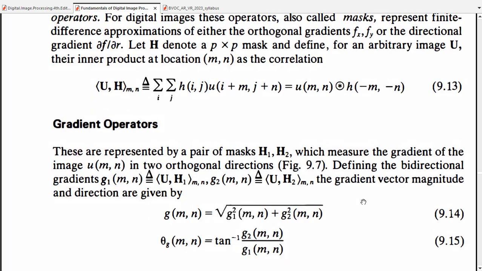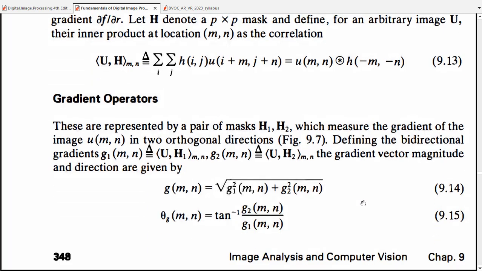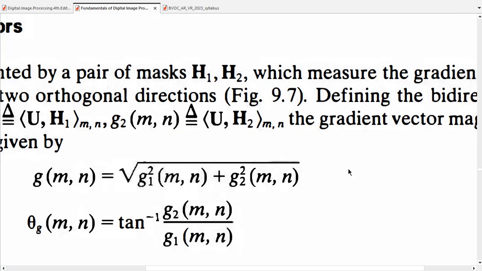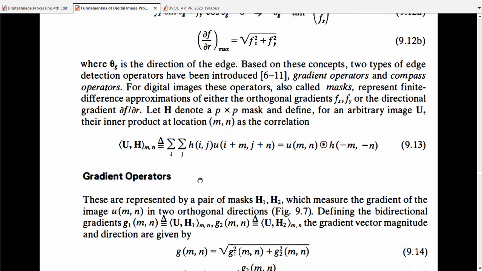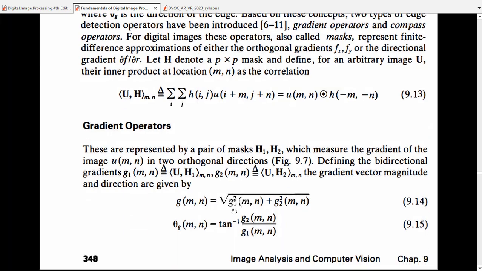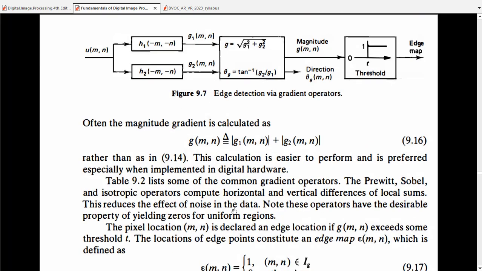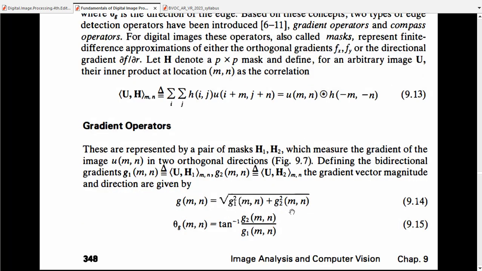Now we move to the gradient operators. The gradient operators are a pair of masks h1 and h2. They give the information defining the representation in the equations g(m, n) and theta g(m, n).